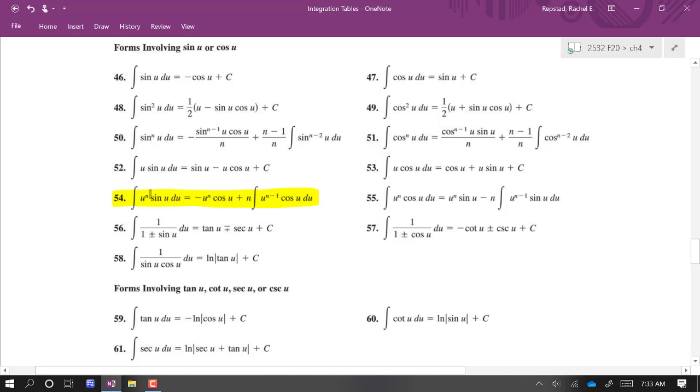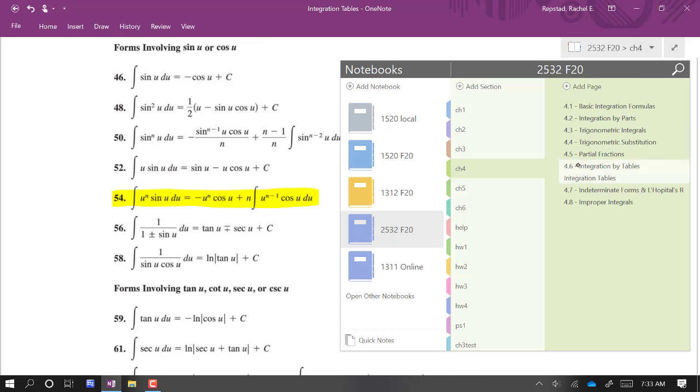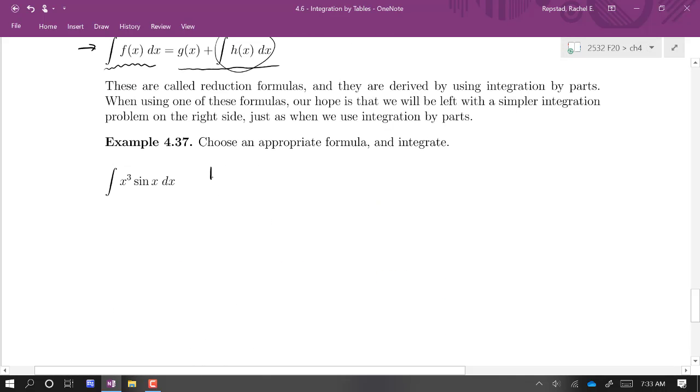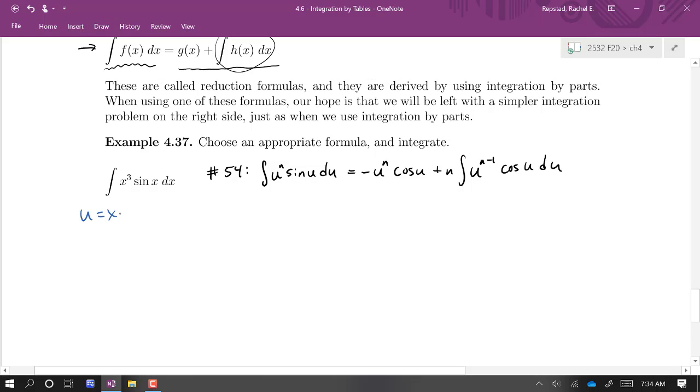It's going to allow us to rewrite the integral we have in terms of another integral. Right, and here u is equal to x, so du is dx, and n is equal to 3.